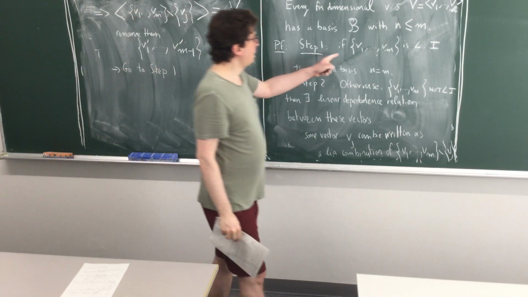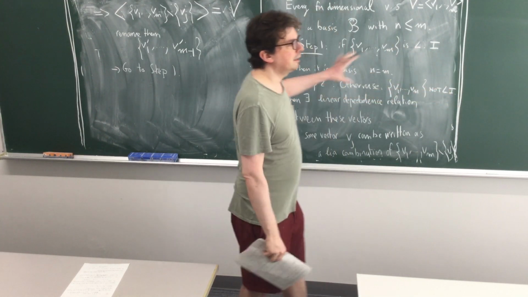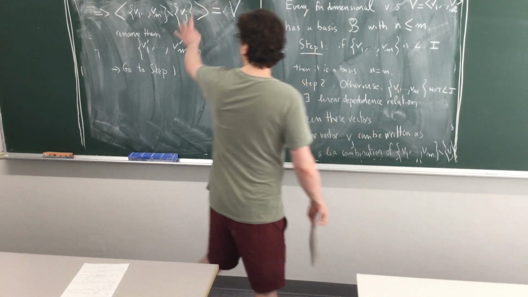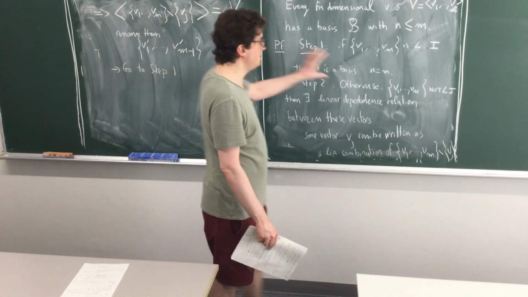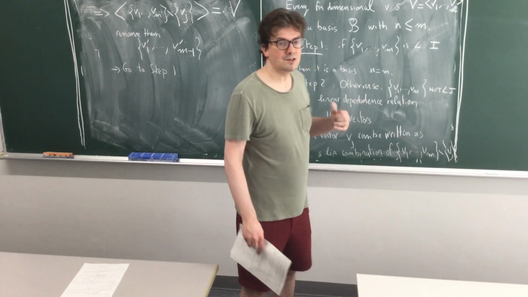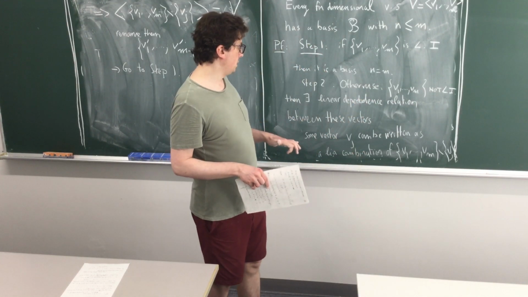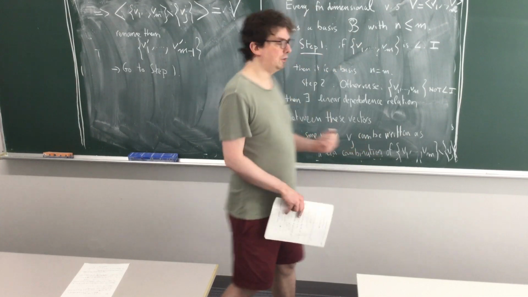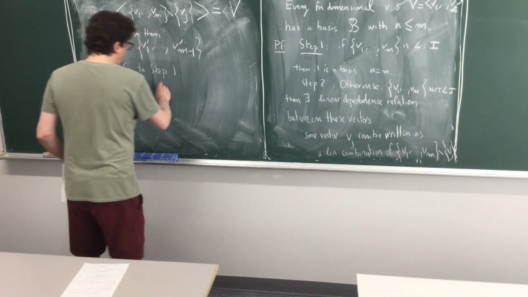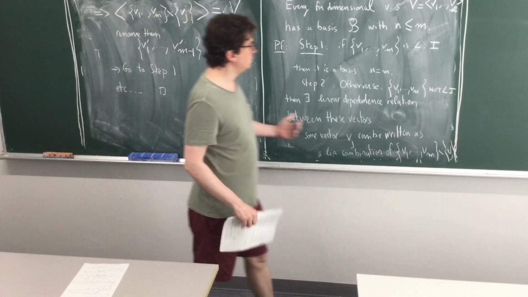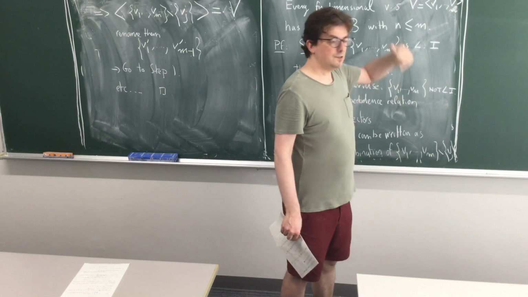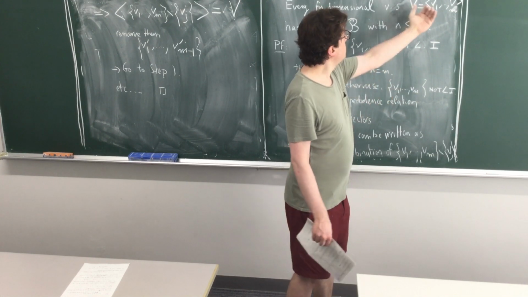Step 1: you check whether they are linearly independent. If they are linearly independent, because they are also spanning, they will form a basis. If they are not, then it means that one of the vectors has a linear dependence relation, and you remove this vector, etc. Now the process will finish because we started from a finite number of vectors, and each time either it is a basis, or we remove one vector.